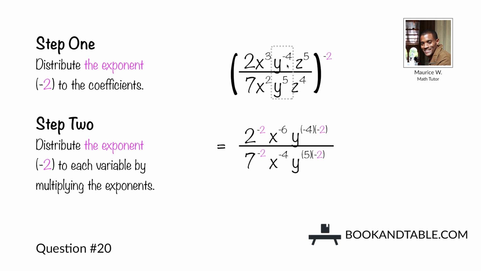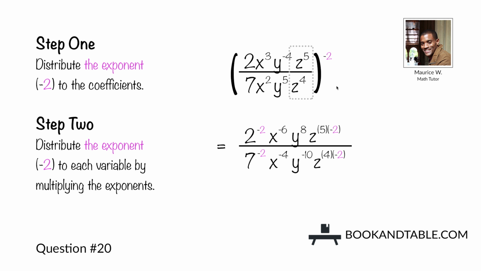For our y's, in the numerator, we have negative 4 as our exponent. So we multiply that times negative 2 to give us y to a power of positive 8 in the numerator. And in the denominator, we have y to a power of 5 to a power of negative 2, which will give us y to a power of negative 10 in the denominator, 5 times negative 2.